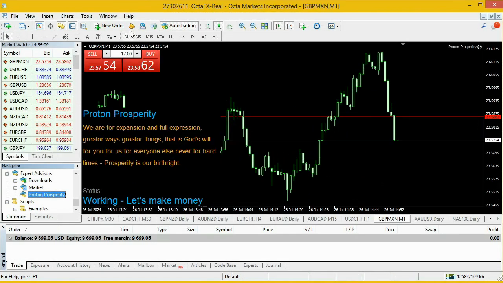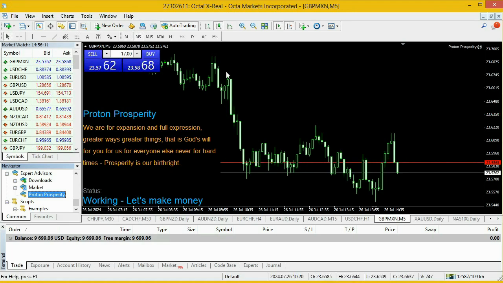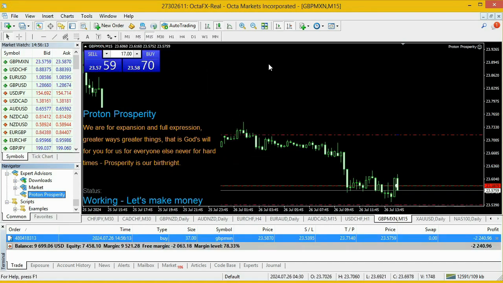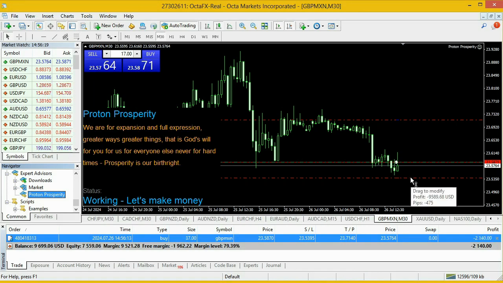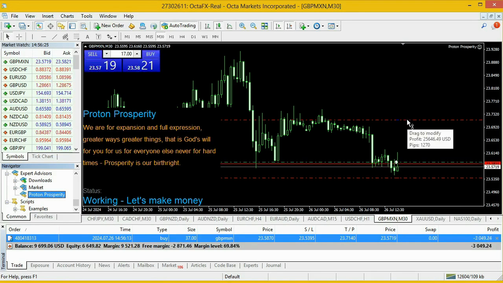This is the British pound and Mexican peso. Buy position executed. Our stop loss, and take profit.